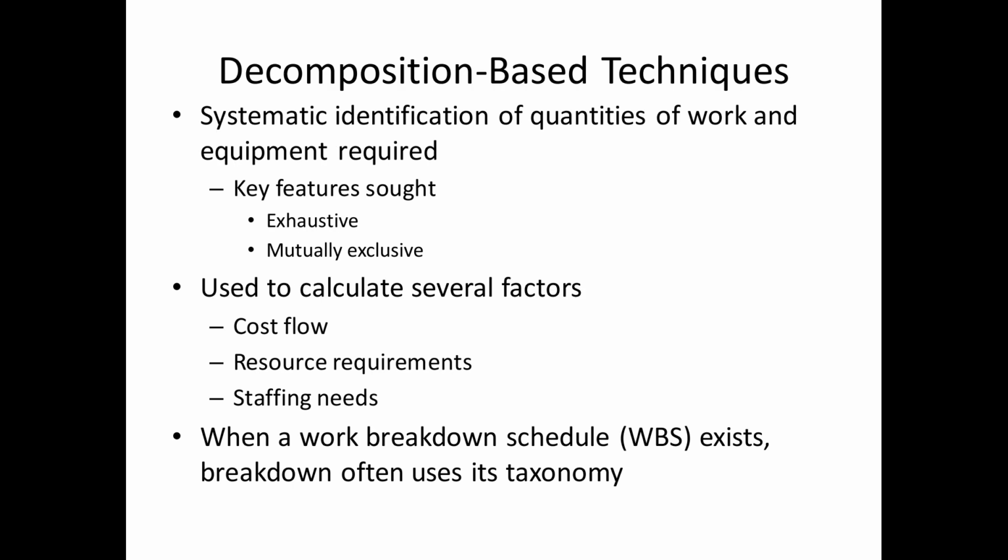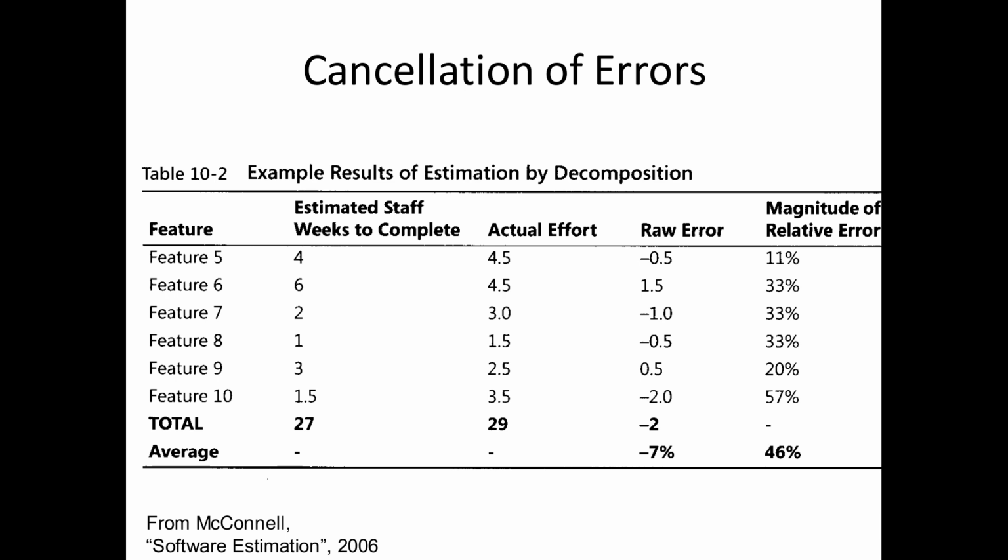And the idea here is, with decomposition-based techniques, you identify the subpieces, and for each of them, you estimate how long it will take. And it's a really good practice to keep track of what you estimate and what it actually took.